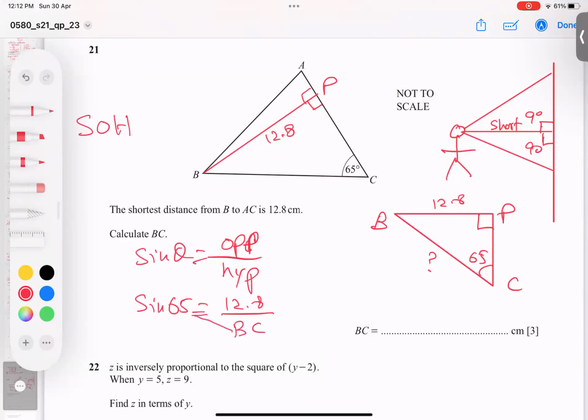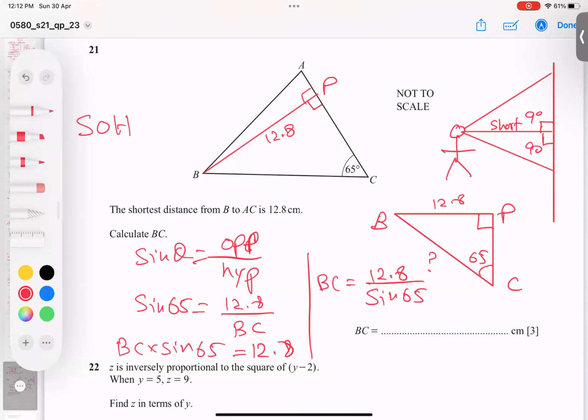BC will multiply there. So it will look like this: BC times sine 65. Here students sometimes make a silly mistake, but I hope it is clear. This sine 65 will divide under it. So 12.8 divided by sine 65.